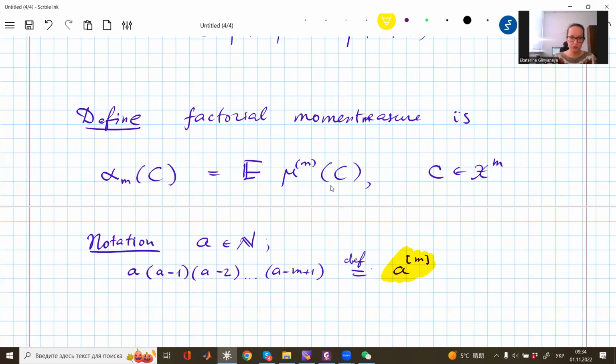Yeah, but you need to assume some conditions, of course. And here, the same idea we have for point processes, that for a huge class of point processes, the factorial moment measures define the distribution of a point process.